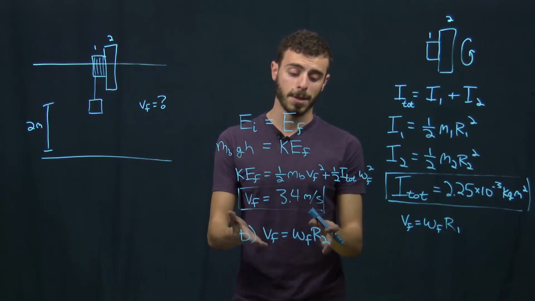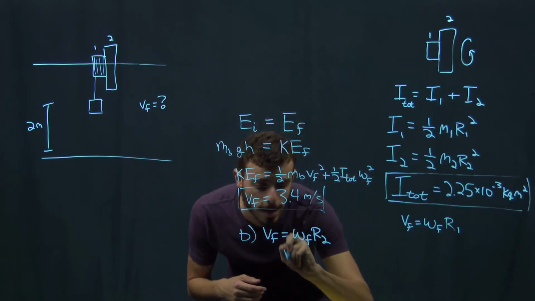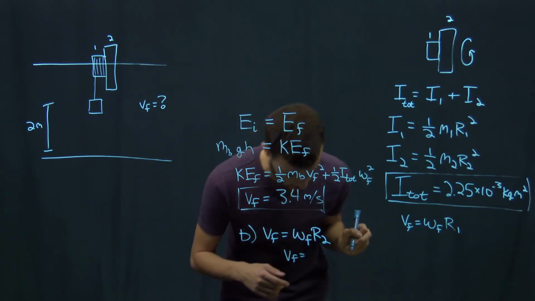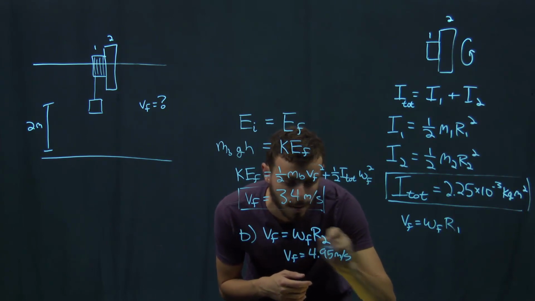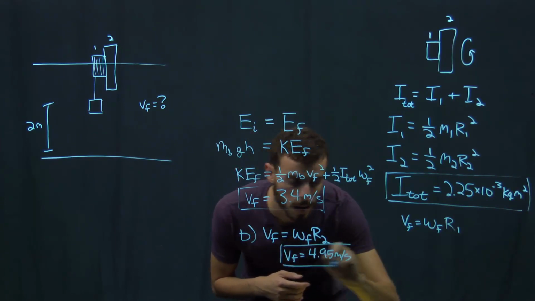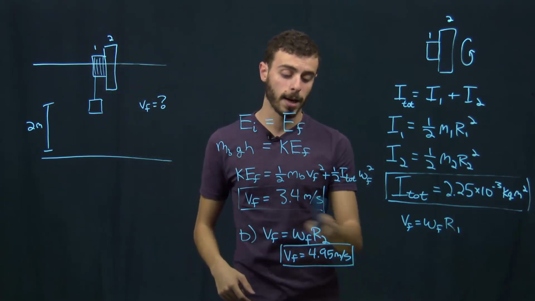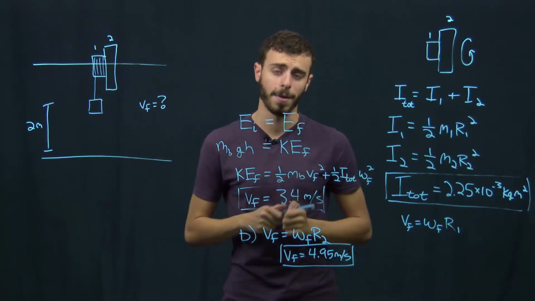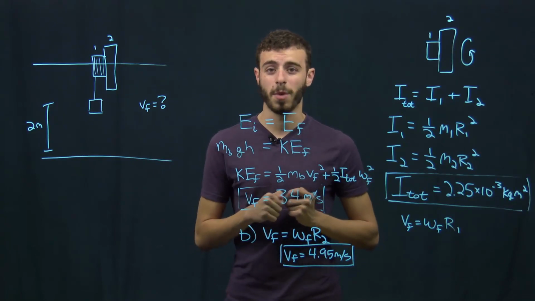We can do the same steps, plug this in up here, and solve for final velocity. And we should get final velocity, in this case, equal to 4.95 meters per second. So if the string is tied around disk 2 instead, we get a larger velocity of 4.95 meters per second.